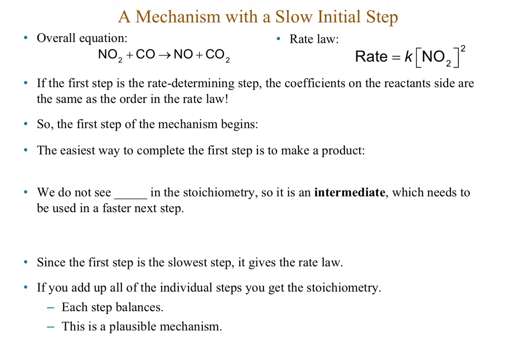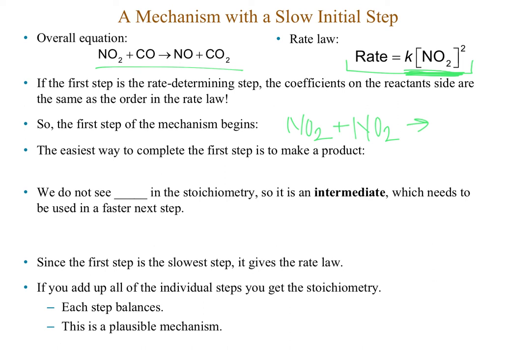So let's practice. We have this reaction here, and from an experiment, they determined that this was the rate law. It's second order with respect to nitrogen dioxide. As we said earlier, the slow step is what should predict the rate law. So if the first step is the slow step, then the mechanism should look something like 2 nitrogen dioxides reacting, because that would give us a rate law of nitrogen dioxide squared.